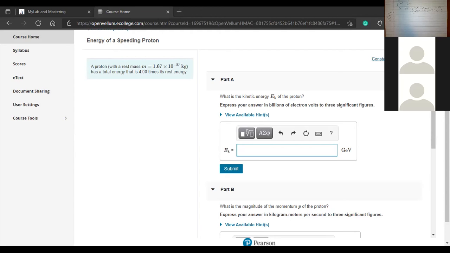What formula do you know for the kinetic energy? I can't remember. Okay, there's a couple of them, but the one I think is most important is not this one: E squared is equal to PC squared plus MC squared squared.